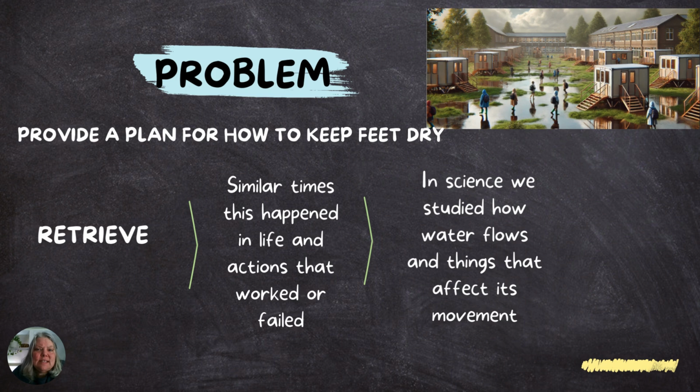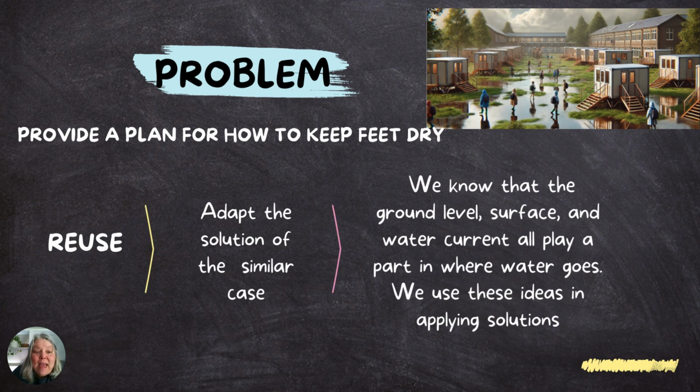So we took this information and tried to reuse it to adapt it to the case we had. We knew that ground level, surface, and water current all played a part in where water goes, and so we generated ideas to come up with solutions.